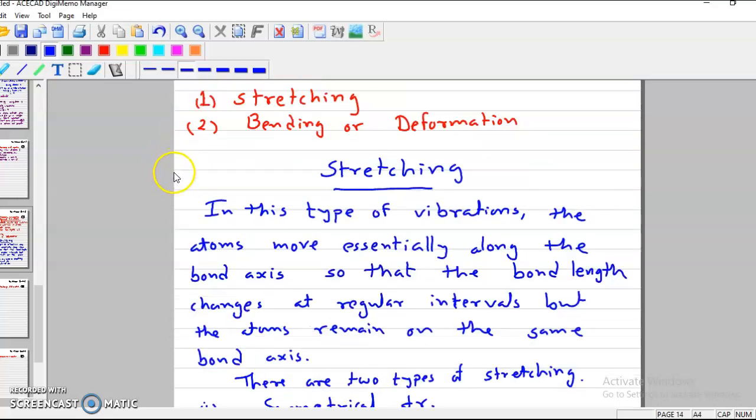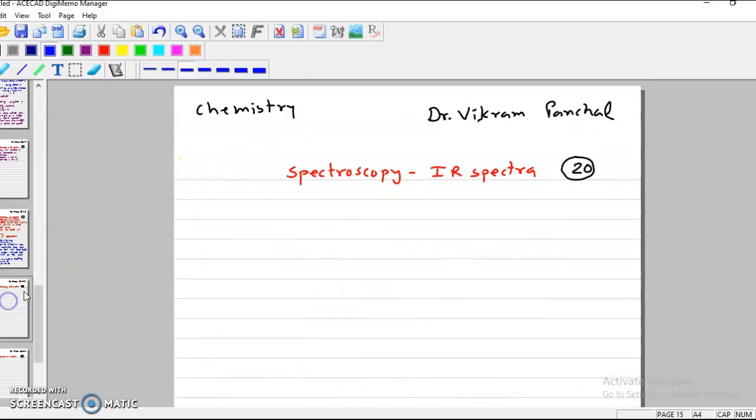So let us see stretching vibrations in polyatomic molecule. So first of all, we will see symmetrical stretching.